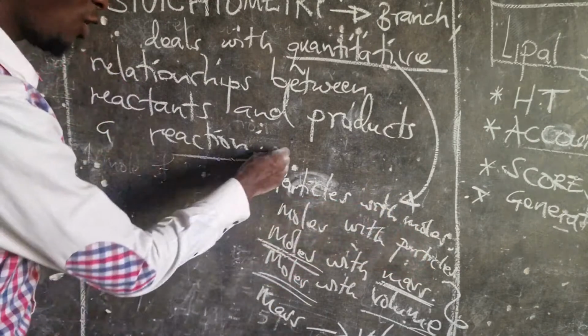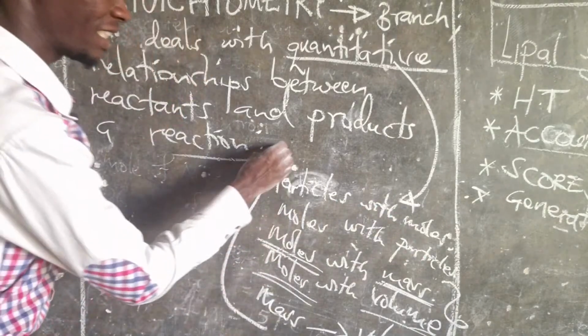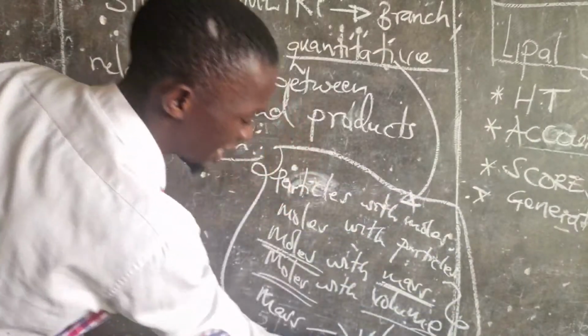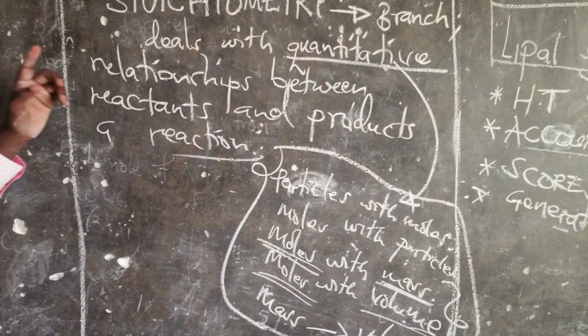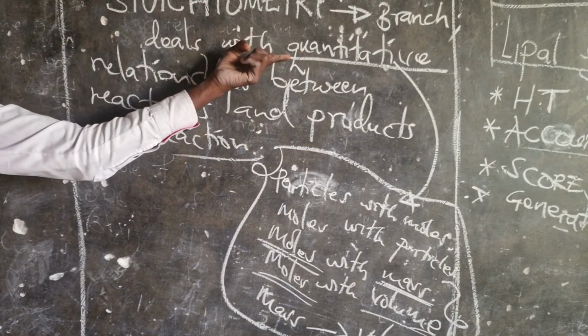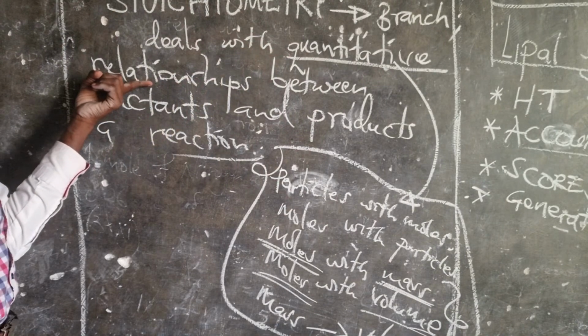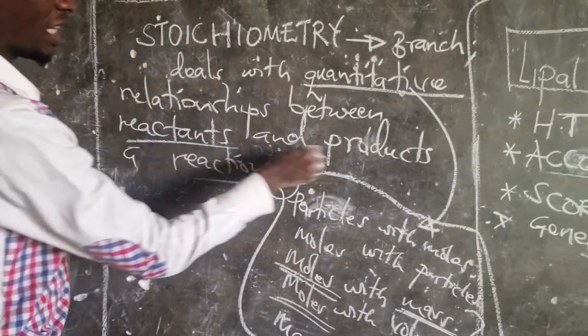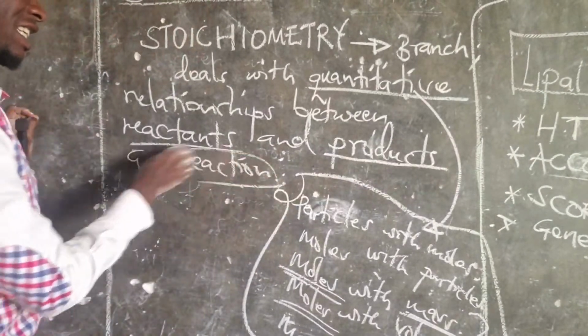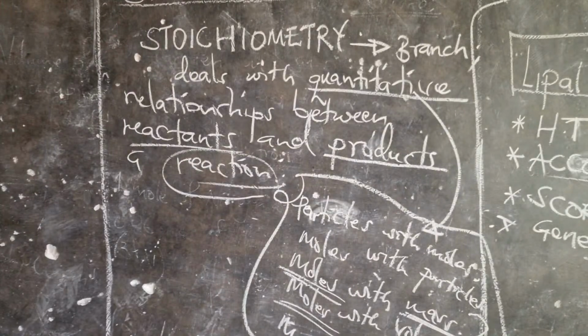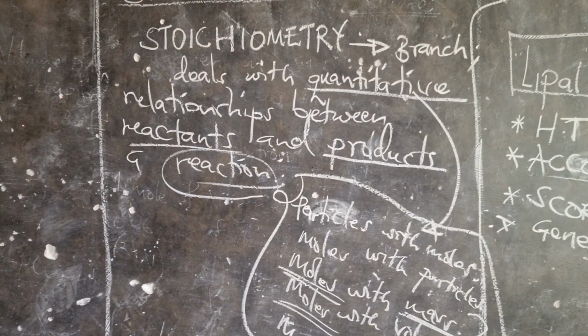Having known how these concepts interrelate, now we want to relate them in terms of the amount of reactants and products in any reaction. It is what we shall call stoichiometry.